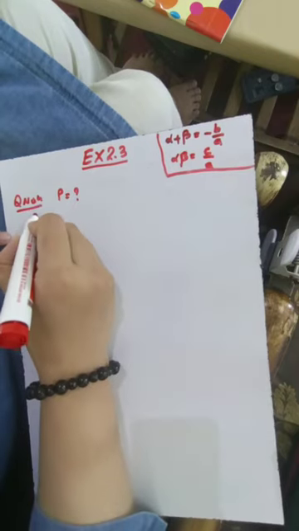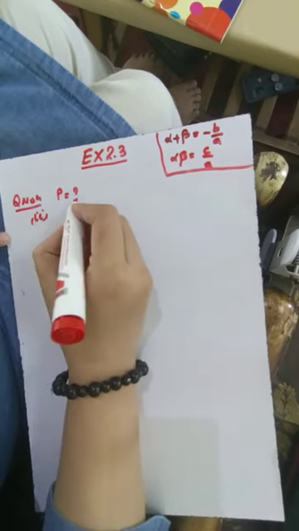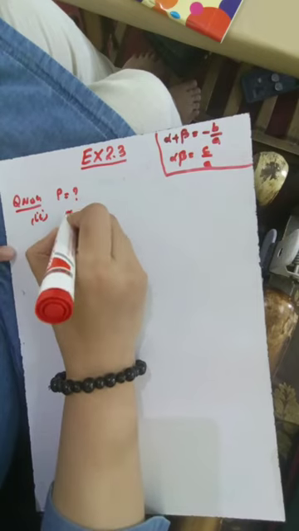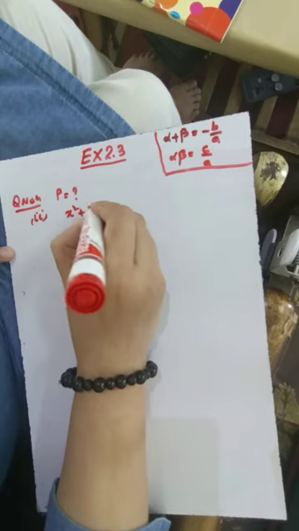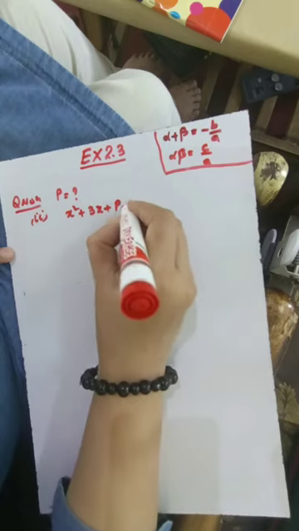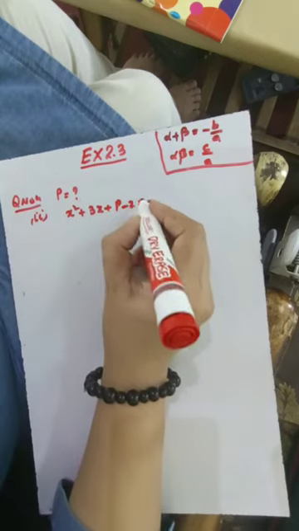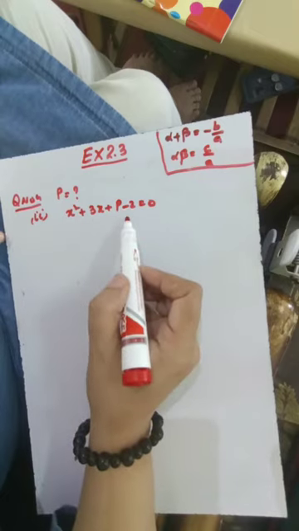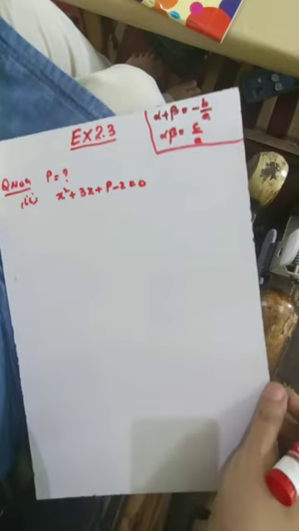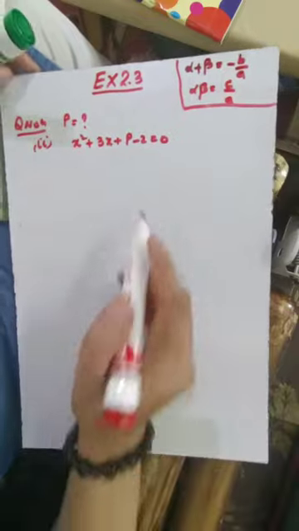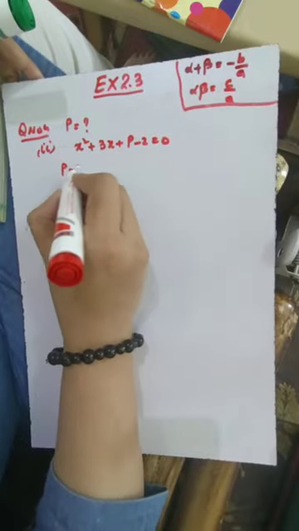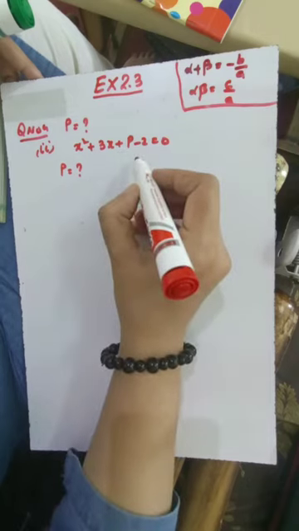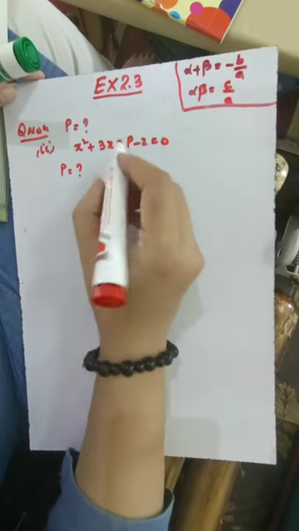So question number 4, part 2 is that you are given the equation x square plus 3x plus p minus 2 equals 0, and they are asking us to find p, the value of p, if the roots of the equation differ by 2.